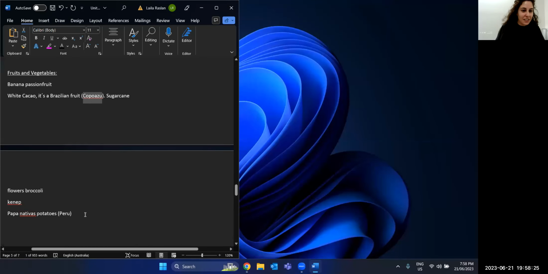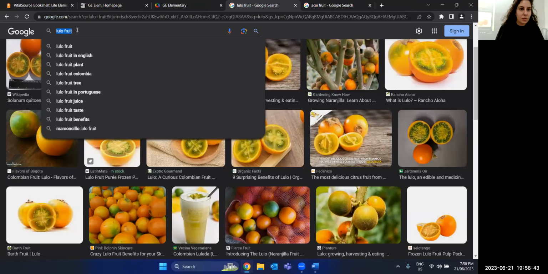Okay, so we've got lots of interesting Colombian Lulu fruit. I don't know who told me this one. Banana passion fruit. Who told me this one?